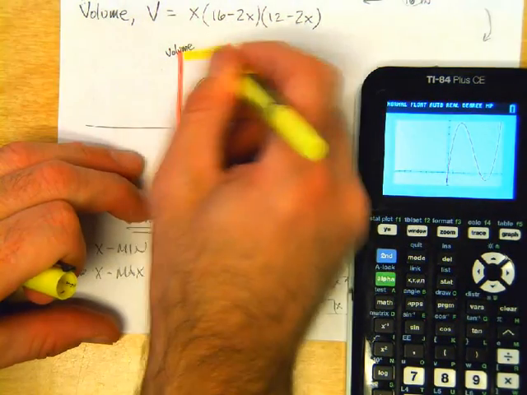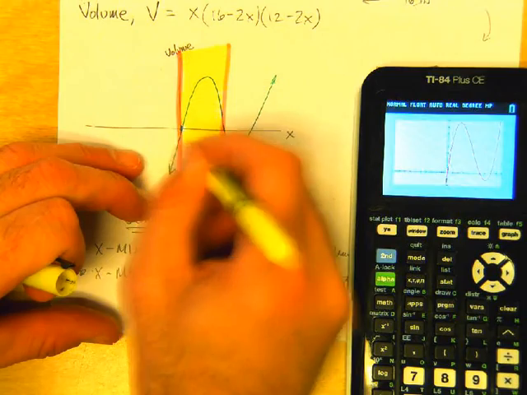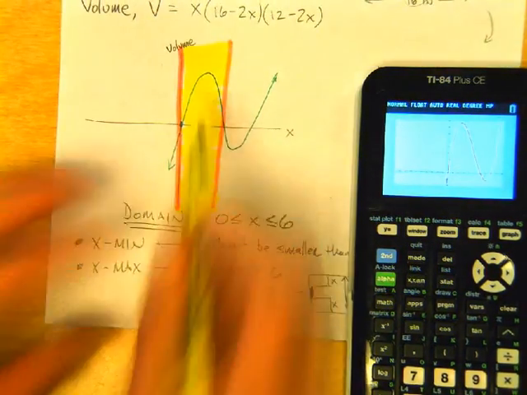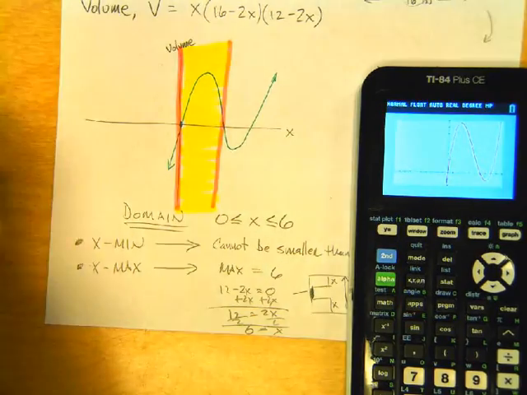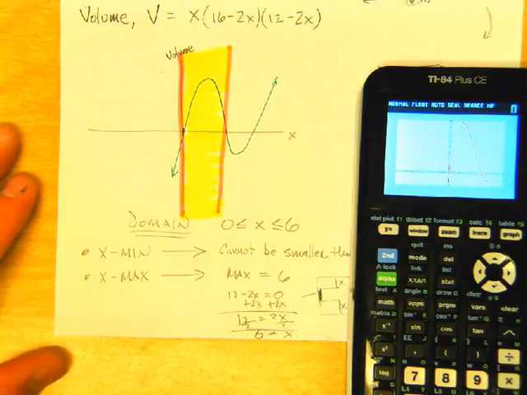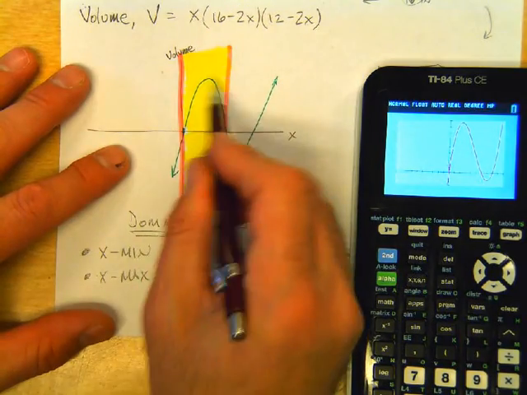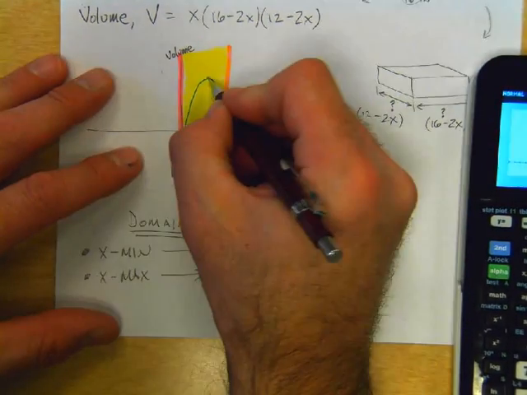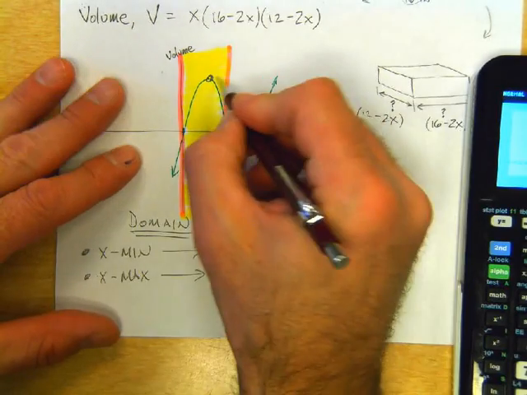The x value for this pan, or this box, has to be somewhere in that yellow area. Right? Because the x value can't be less than 0 and it can't be more than 6. And so in that yellow area, where does the maximum volume occur? Right there.